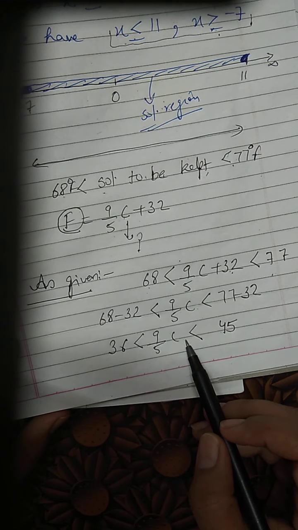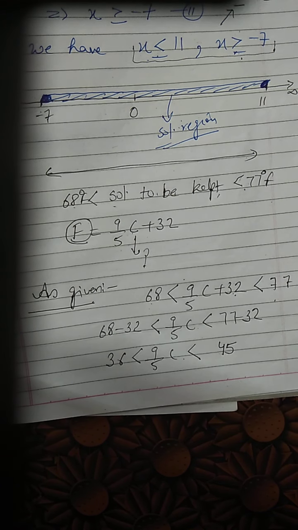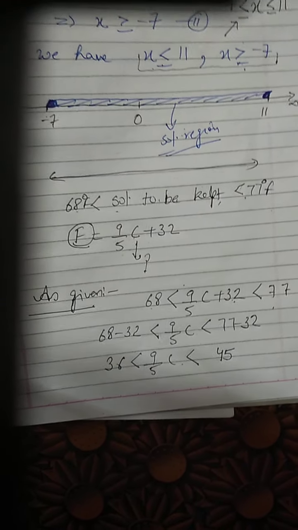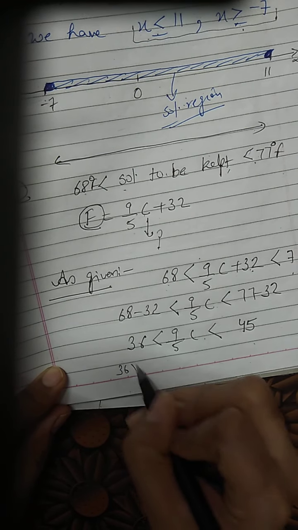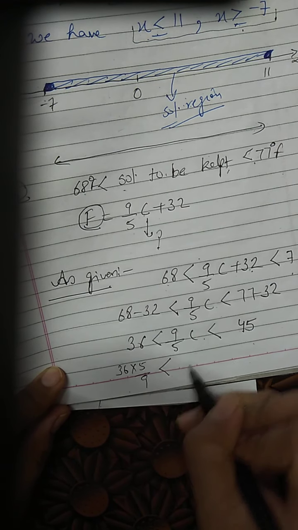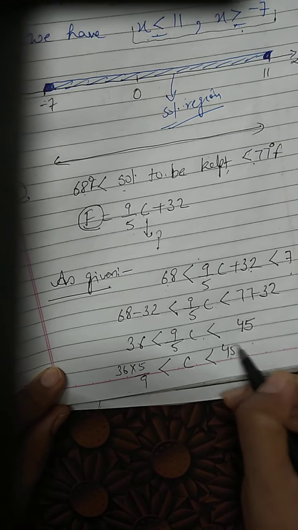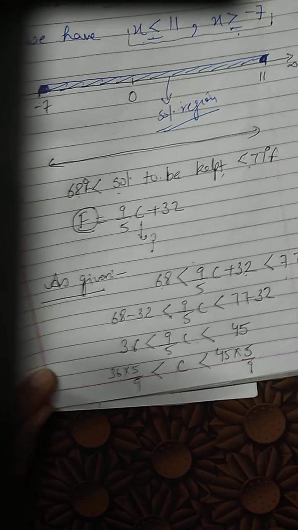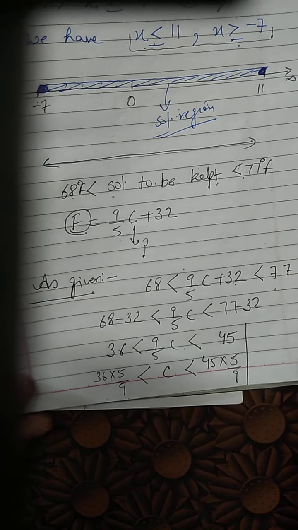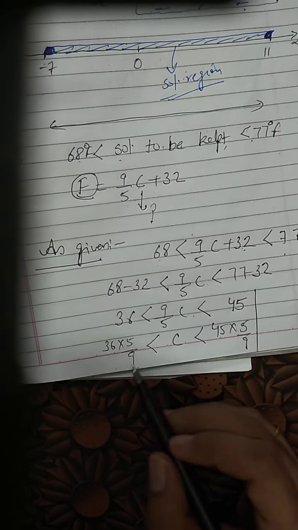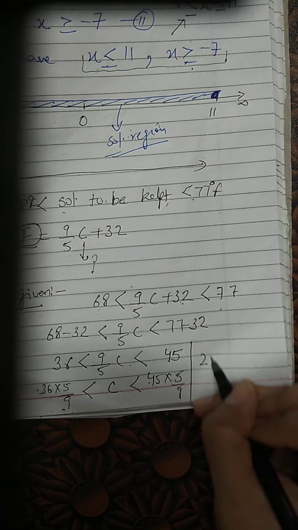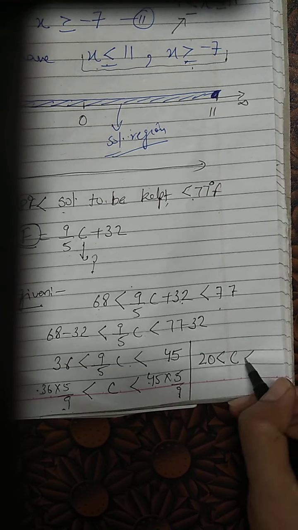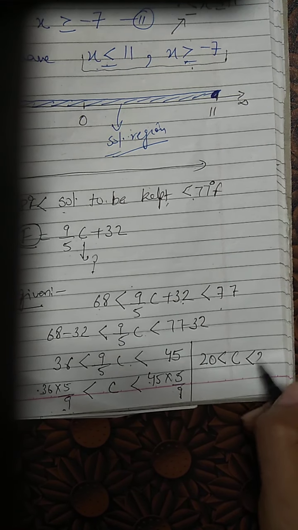Now we want to find the range for degree Celsius, so we can multiply throughout by 5 by 9. So it will be 36 into 5 by 9 less than C less than 45 into 5 by 9. So 9 into 4 is 36, 9 into 5 is 45. So 4 into 5 it will be 20 less than C less than 25.